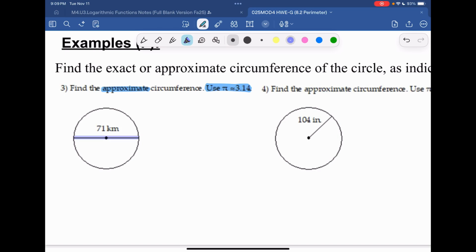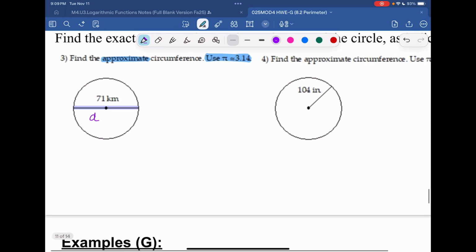This is all the way across, so it's a diameter. So I'm still using the same formula. Circumference is equal to pi times diameter. So circumference is equal to 3.14 times 71. And that we would put in our calculator.